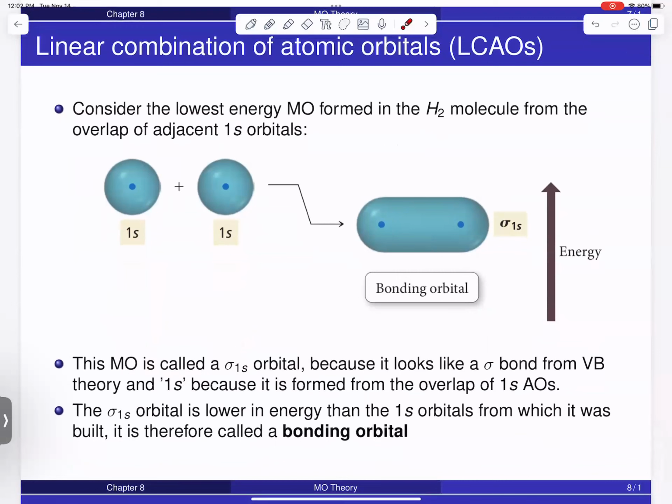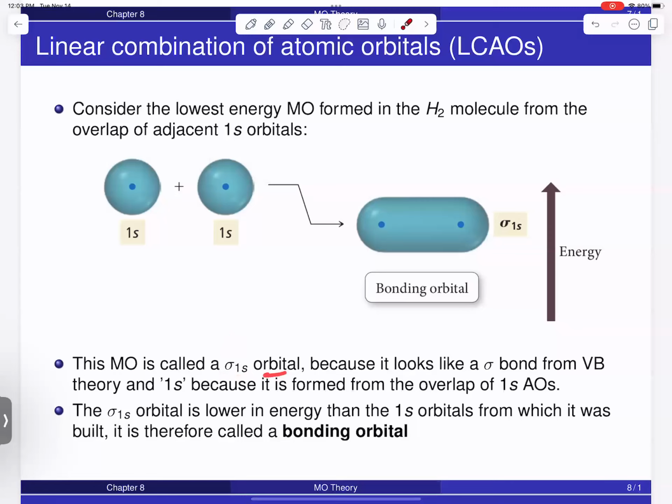So in our example of the H2 molecule, the MO formed from the overlap of the two 1s orbitals, giving us this bonding orbital, is our first guess approximation of what we think the bonding orbital looks like for H2. And we have some special names for this bonding arrangement. This molecular orbital is called a sigma 1s, the Greek letter sigma with a subscript 1s.